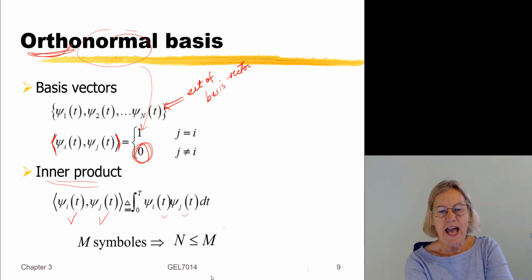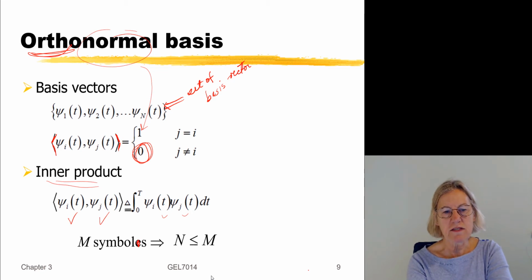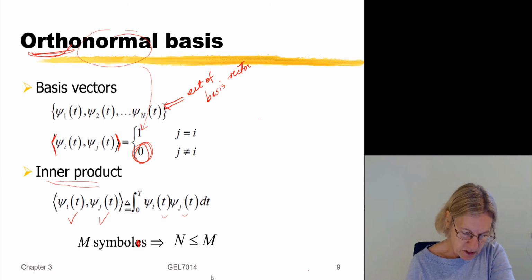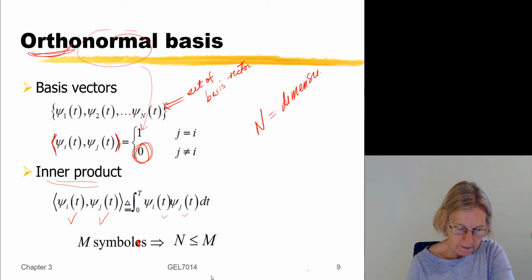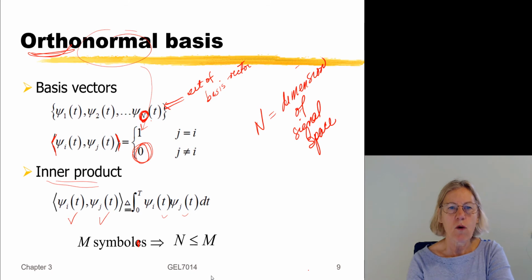So if I have m symbols in the vector space, I'm going to call N the dimension of the signal space. So you'll notice that I said that there were a collection of basis vectors, and the number of basis vectors I had went up to capital N, and that means that the dimension is capital N. So if I have m symbols, m becomes an upper bound on the dimension of the signal space.